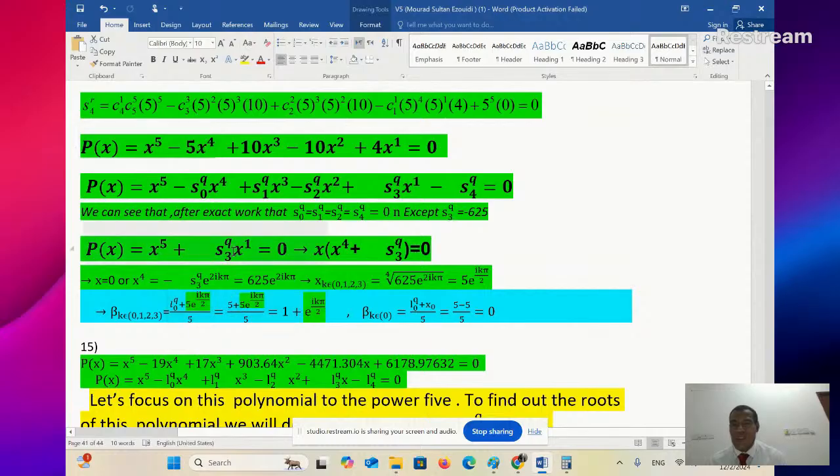Let's see, this one is 5 plus 5 exponential 8k pi over 2, over 5, will be 1 plus exponential 8k pi over 2. Therefore, for beta k subscript 0, I will obtain immediately 0 because I extended my polynomial. That's clear that x equal 0 is going to be the first root. And it will be 5 minus 5 divided by 5, which is equal to 0.